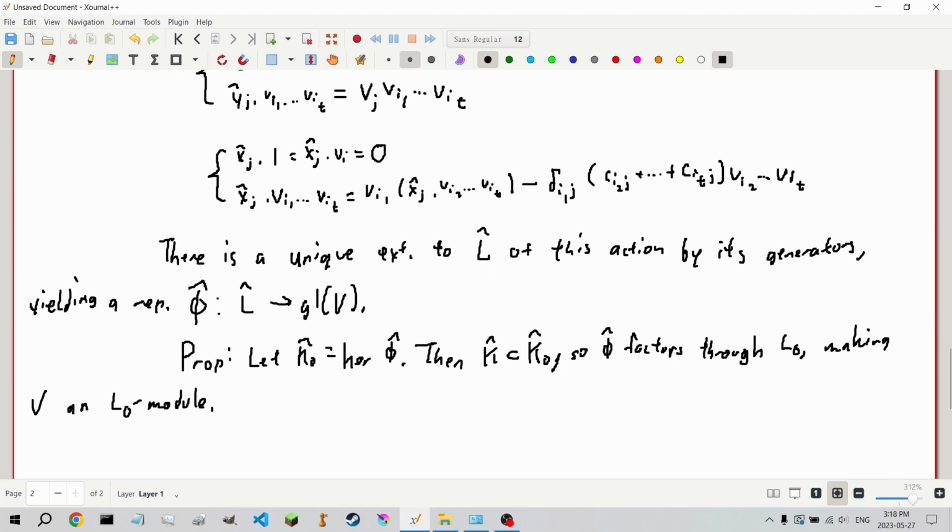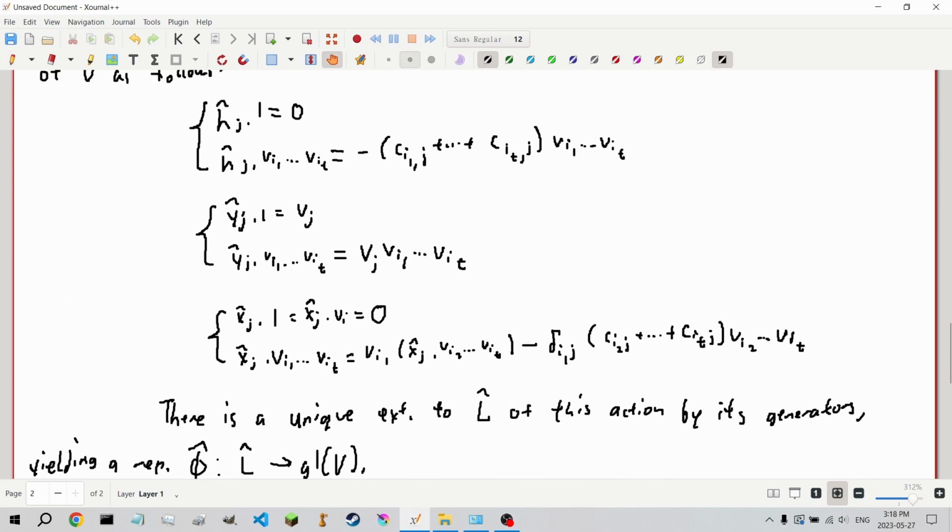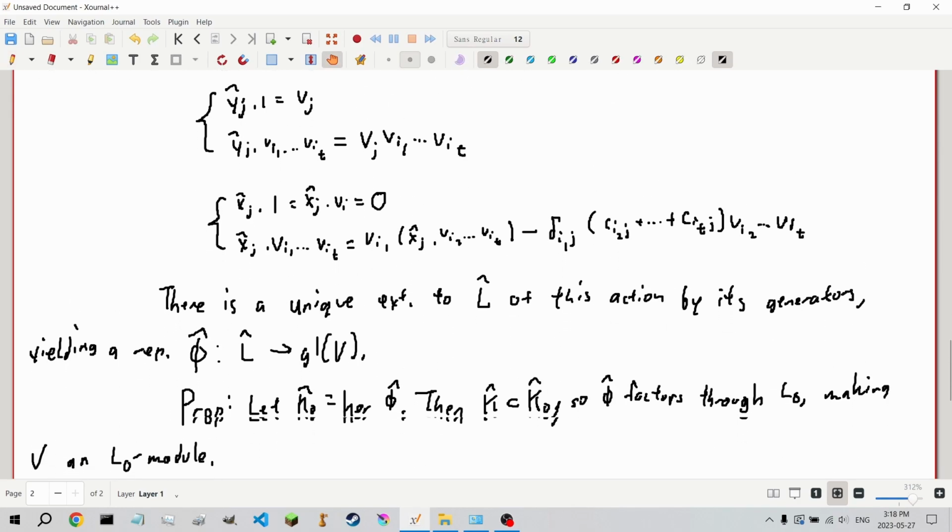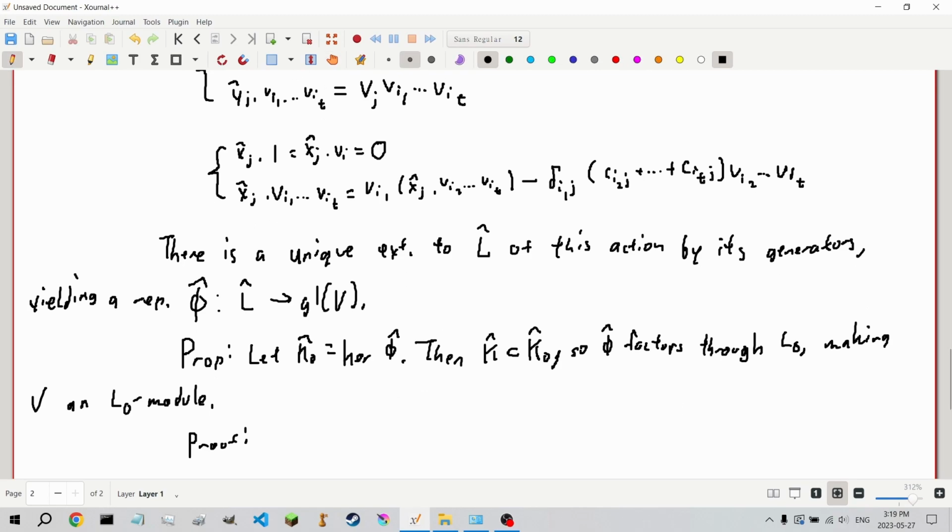Now, proof. If you look at h hat, it's a multiplier. It's just scaling, so h hat j acts diagonally on V relative to our basis, of course.